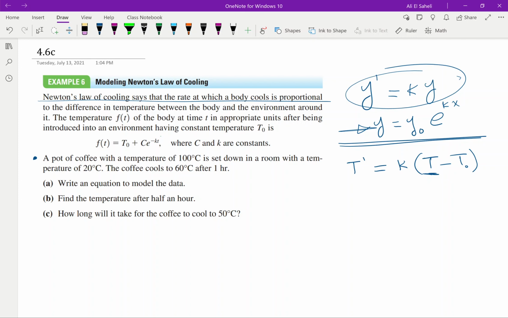Now, to determine C, at 0, initially, the temperature, a pot of coffee with temperature 100 degrees centigrade.